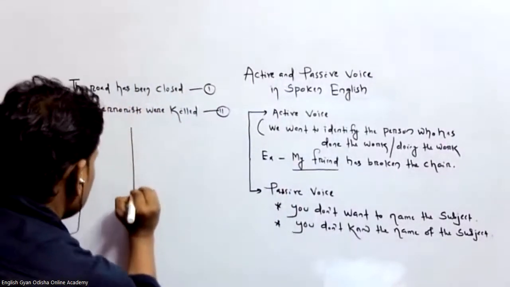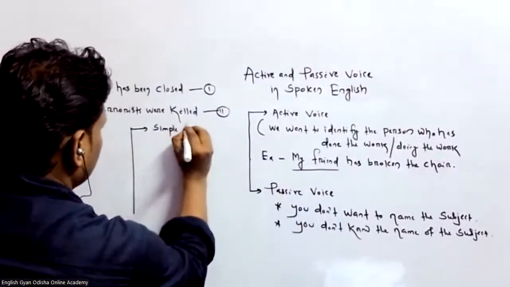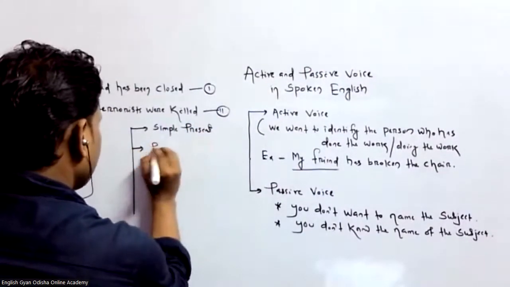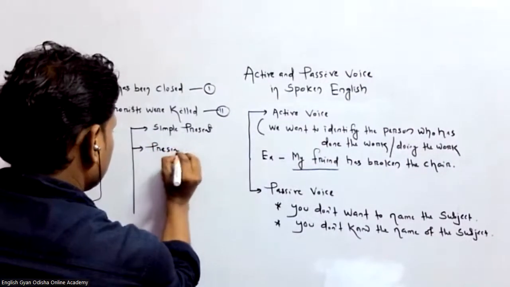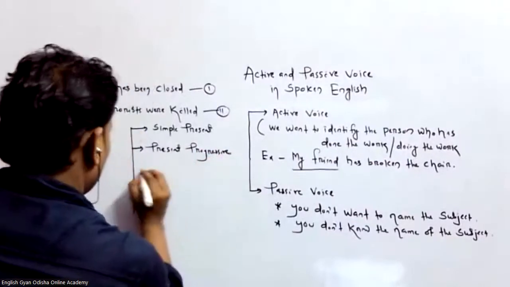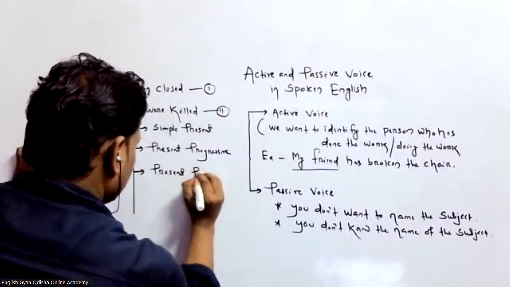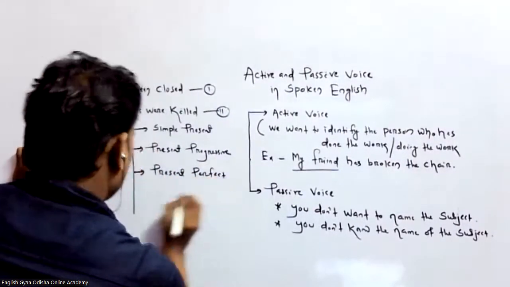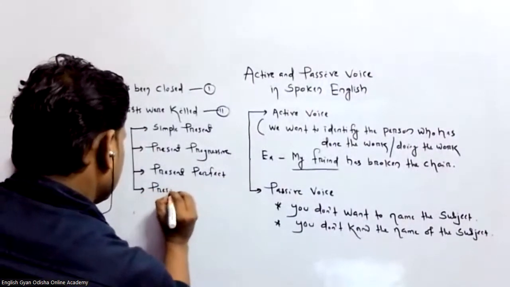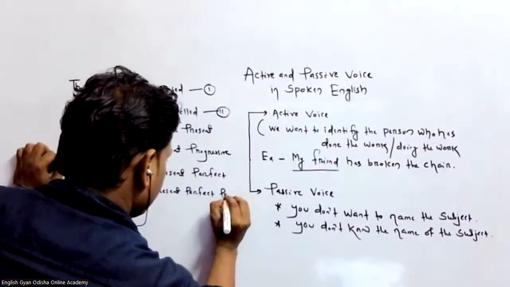Whenever I say present tense, I can say simple present, present progressive, present perfect, or the last one, present perfect progressive.